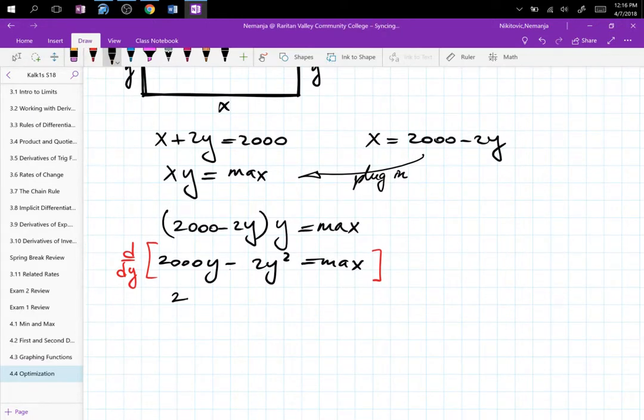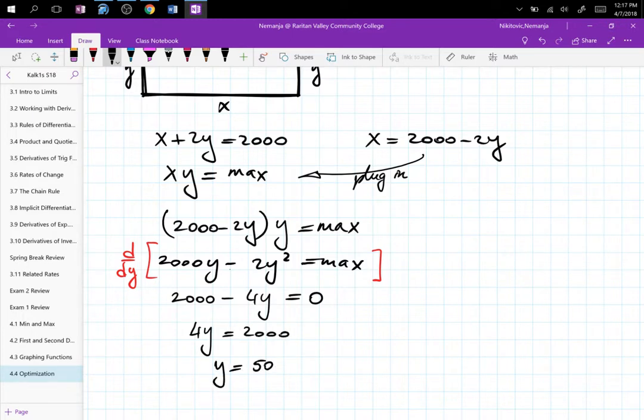So that's going to be 2000 minus 4y equals 0. Remember that max is a max area. Area is a number, therefore the derivative of max is 0. 4y is 2000. Y is equal to 500.